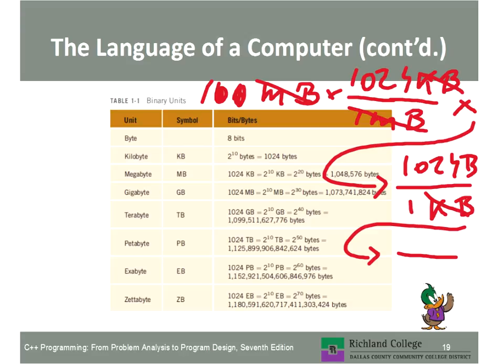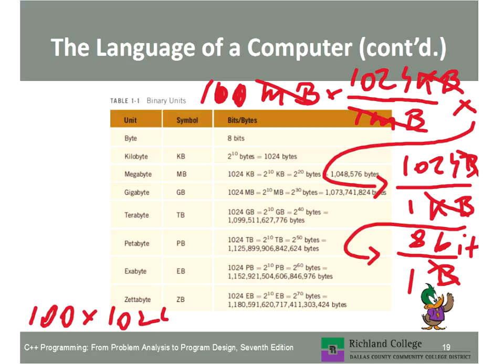So continuing on, now we have bytes. So we need to see 1 byte is 8 bits. And that's going to cancel the B's. So that means 100 megabytes is 100 times 1024 times 1024 times 8.